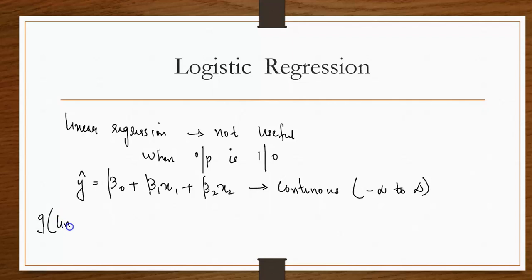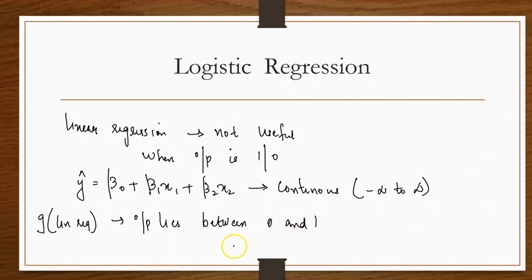So we apply a function g to the linear regression model so that the output lies between 0 and 1. The output is not continuous, not ranging from negative to positive infinity; it lies between 0 and 1.